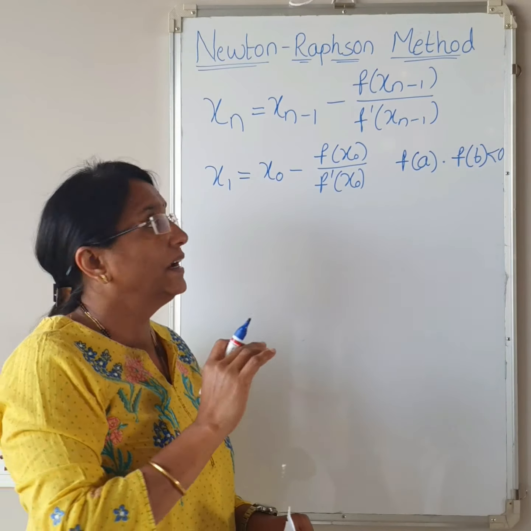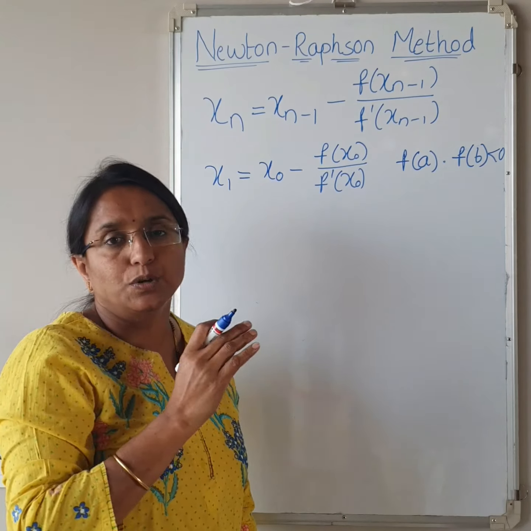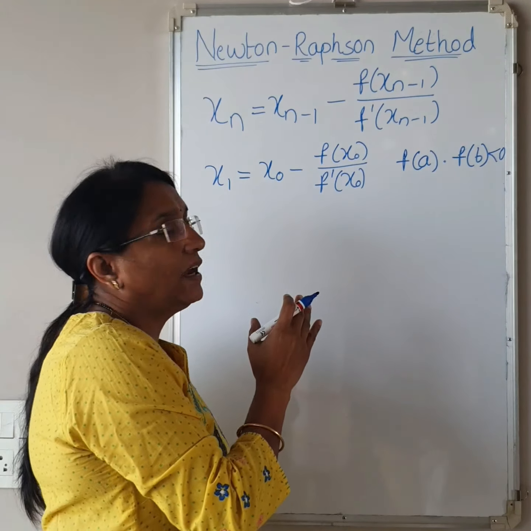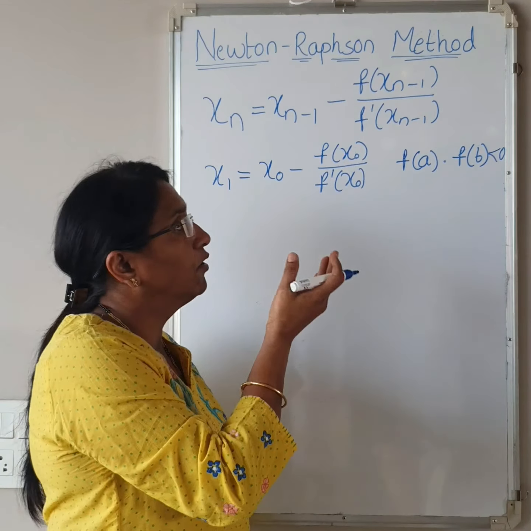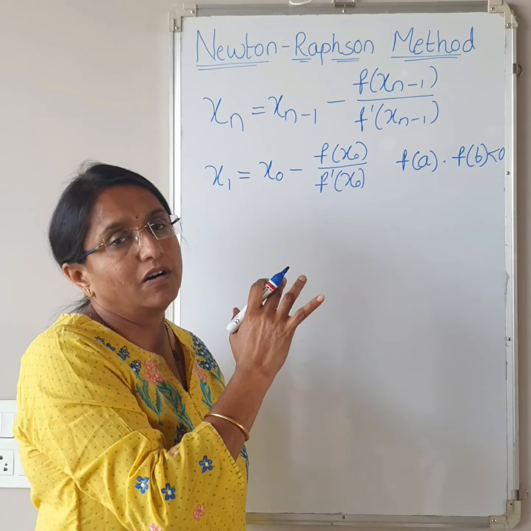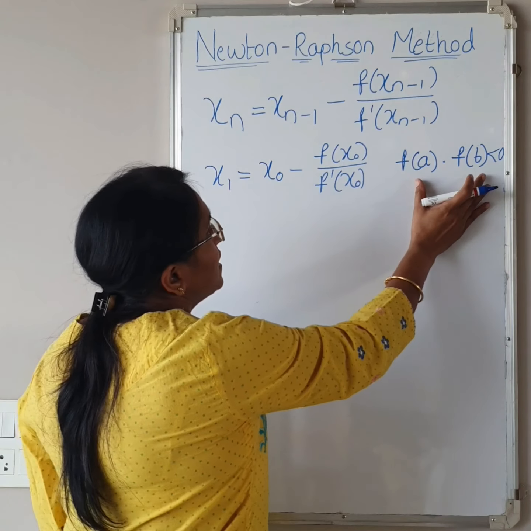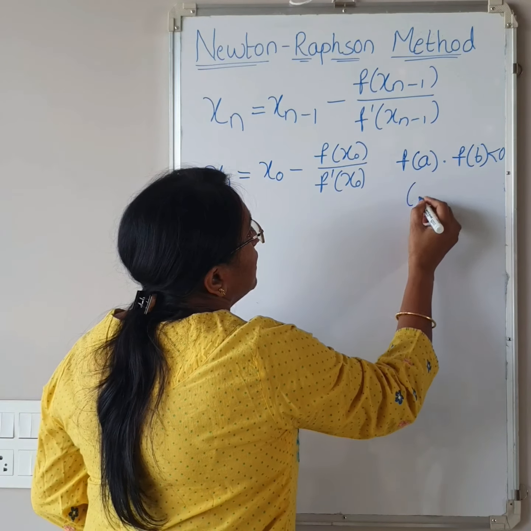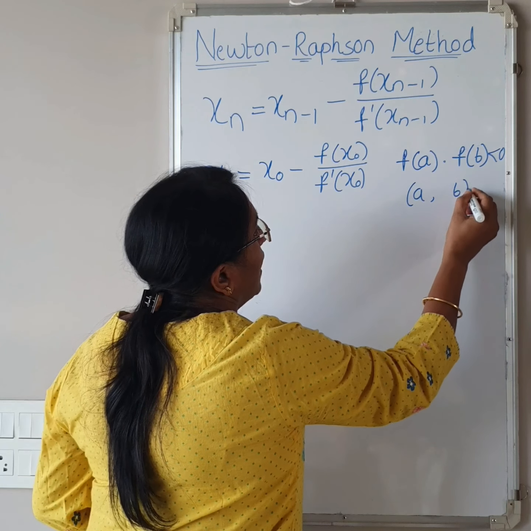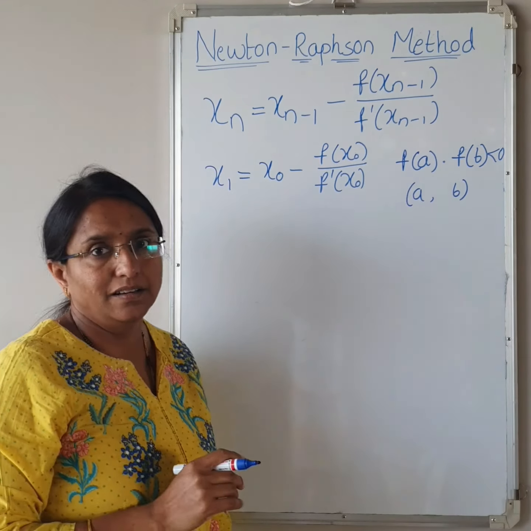That is product of these two should be negative. Either f of a may be positive, f of b may be negative, or vice versa. So this is the condition where ab is the interval and root lies in that interval.